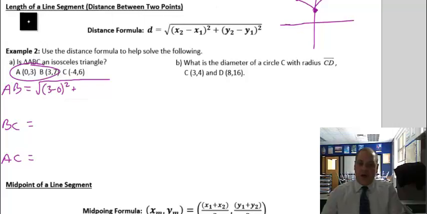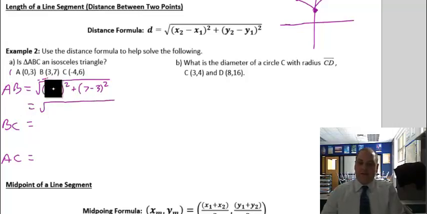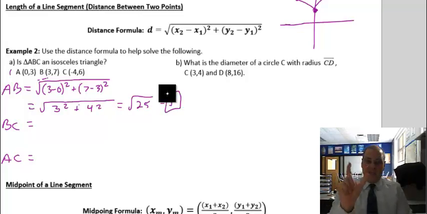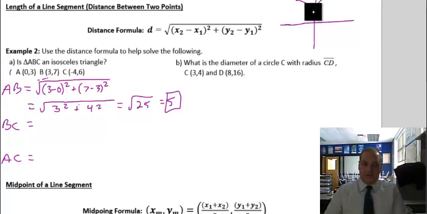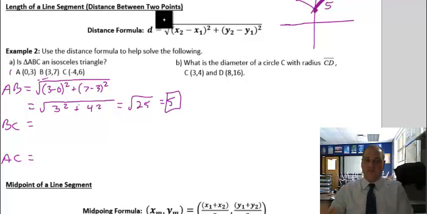And then you subtract the y values, 3 and 7, so 7 minus 3, squared. 3 minus 0 obviously is 3, so it's 3 squared plus 4 squared, which is the square root of 9 plus 16, which is 25, which is 5. So AB, from (0, 3) to (3, 7), has a length of 5.